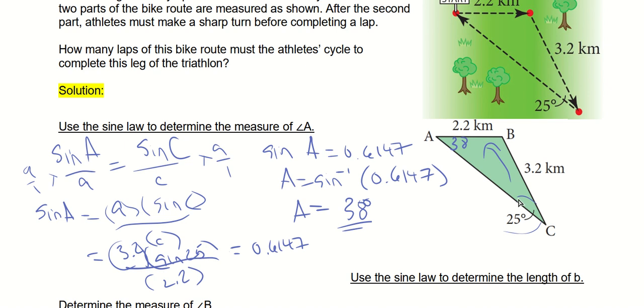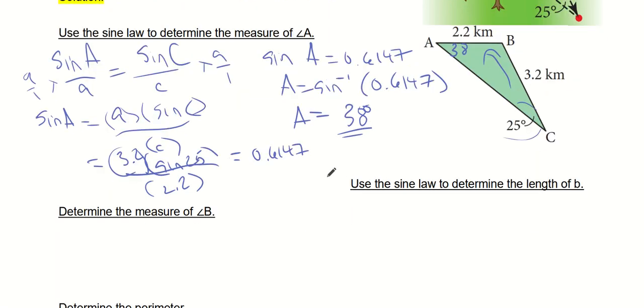And I can figure out what the angle of B is right away. To determine B, we're going to use the property that every triangle's angles add up to 180. I'm going to use capital B, which is the symbol for angle.